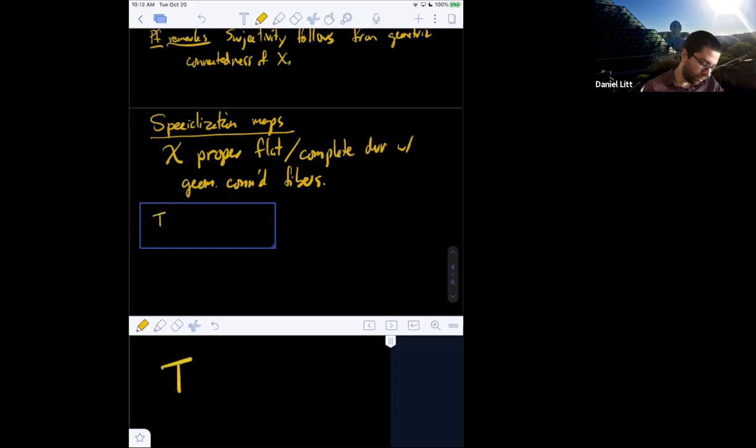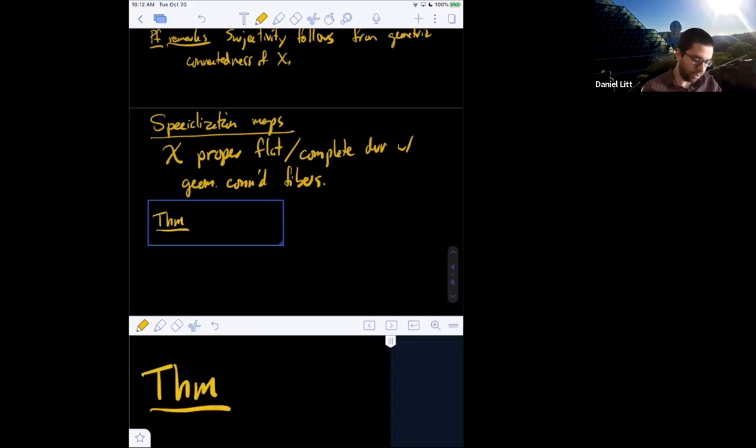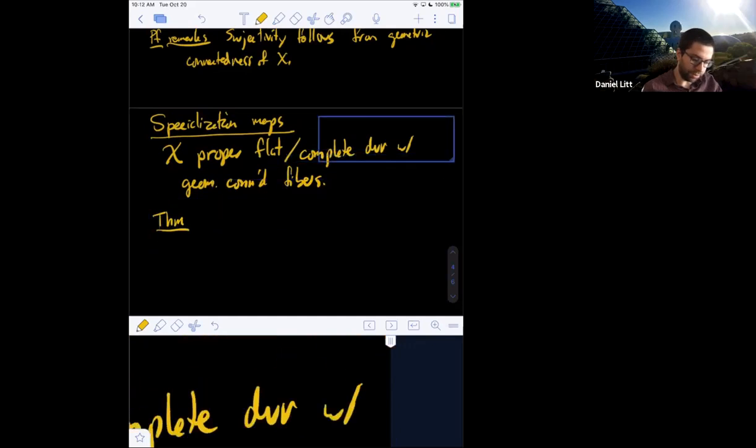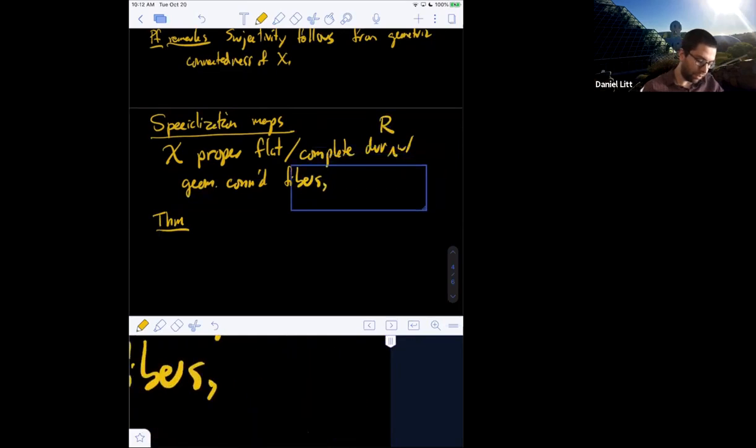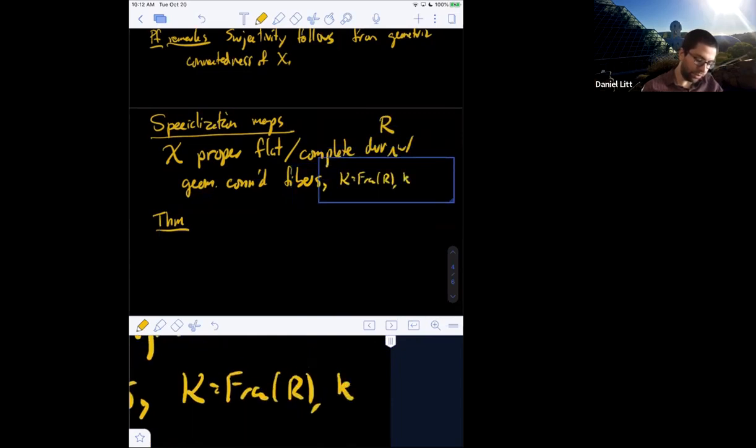So the theorem is that, so maybe let me give the DVR a name. So the DVR is R, and I'm going to let K be the fraction field of R, and little k be its residue field, so R mod the maximal ideal.